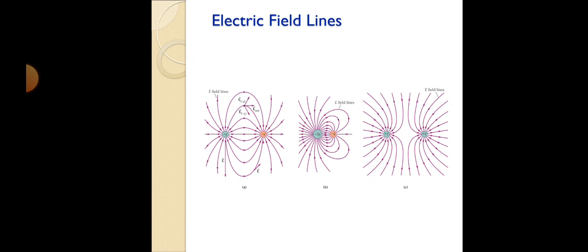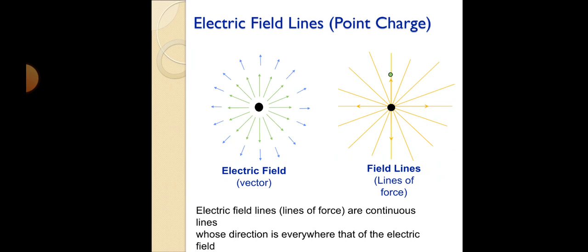That's why at the plus 2q charge the electric field is greater than at the minus q charge. For a point charge, the electric field is a vector quantity and it's radially outward at a positive point charge, and the line of force is given as the electric field line.